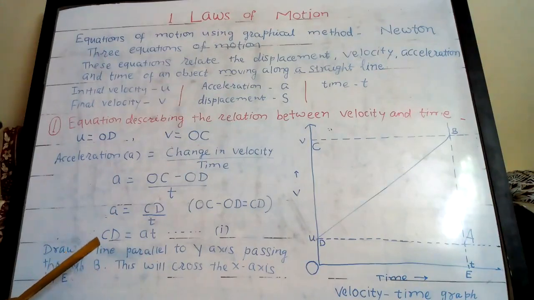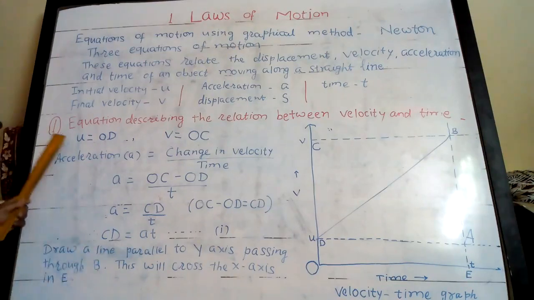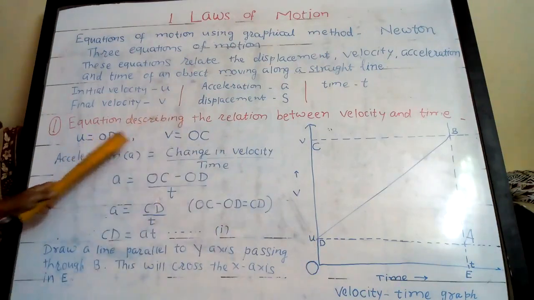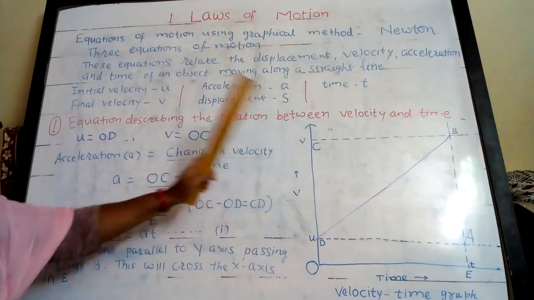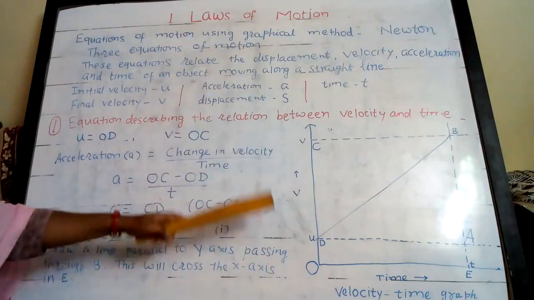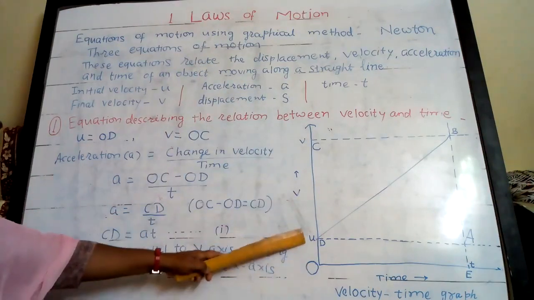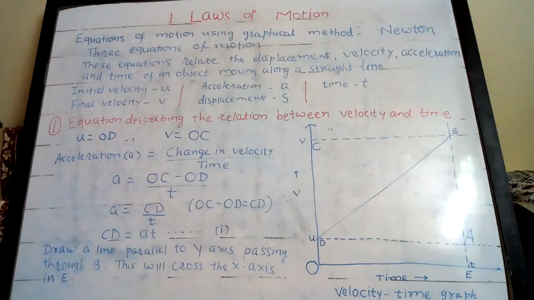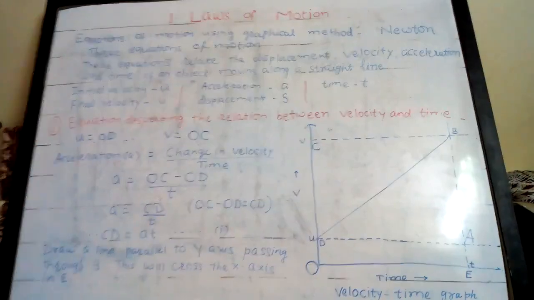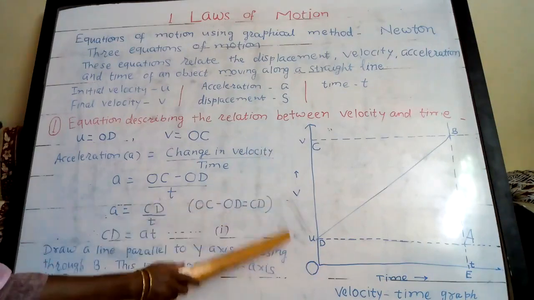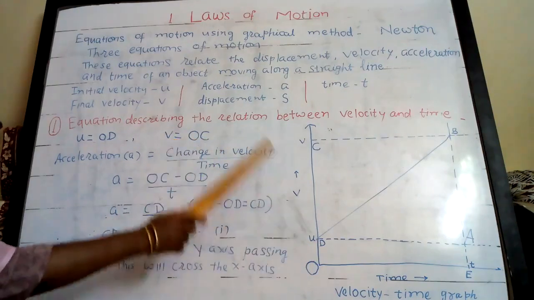In the graph, u is equal to OD and v is equal to OC. The object has started from u and gone up to v. So initial velocity u is equal to OD and final velocity v is equal to OC.